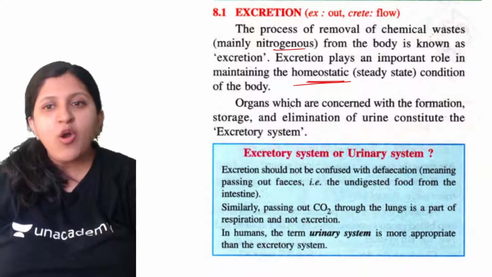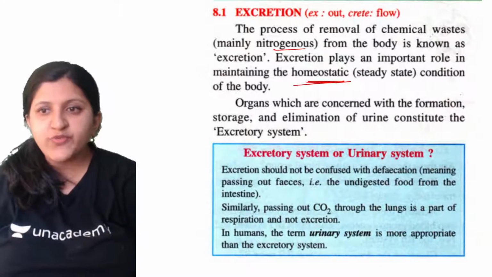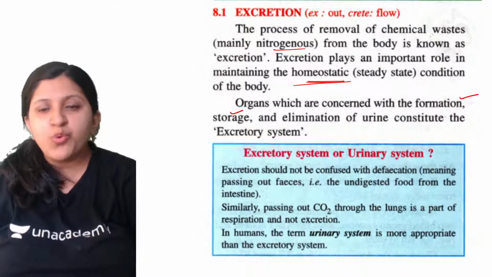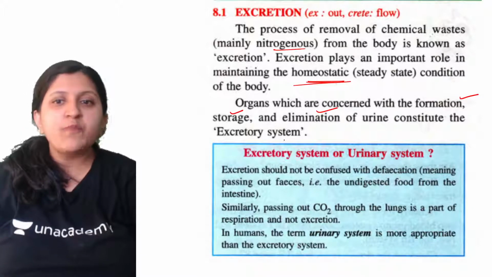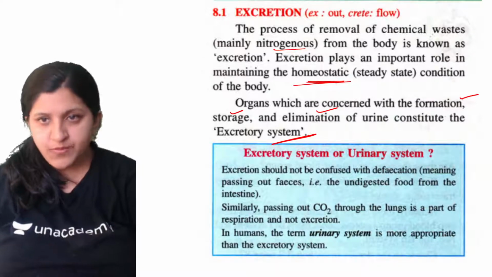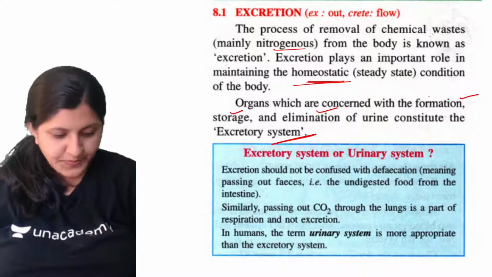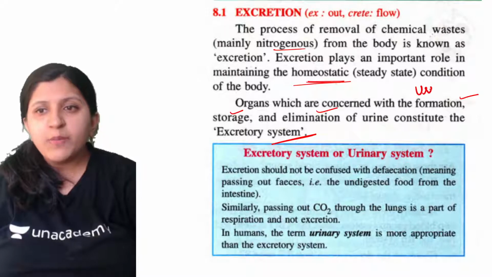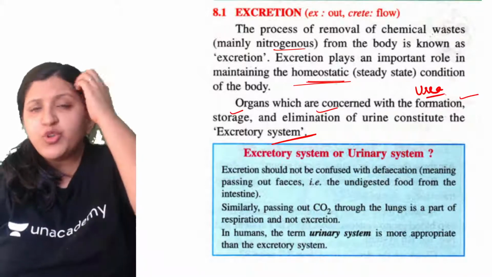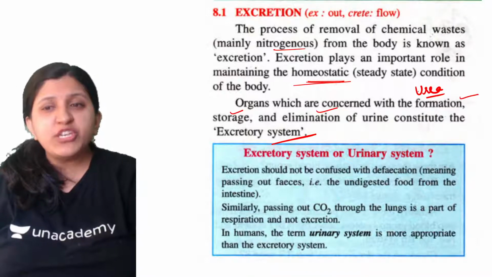The organs concerned with the formation, storage and elimination of urine form the excretory system. Where is formation occurring? It is occurring in the liver. Mainly we are talking about urea.